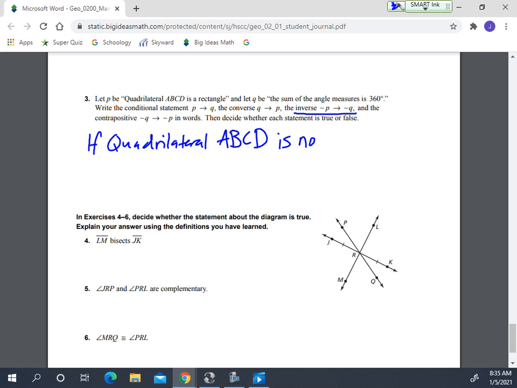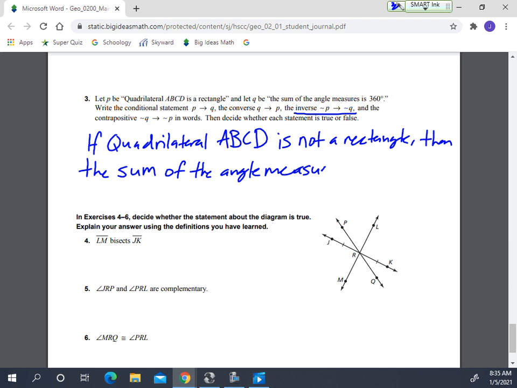If quadrilateral ABCD is not a rectangle, then the sum of the angle measures is not 360 degrees.